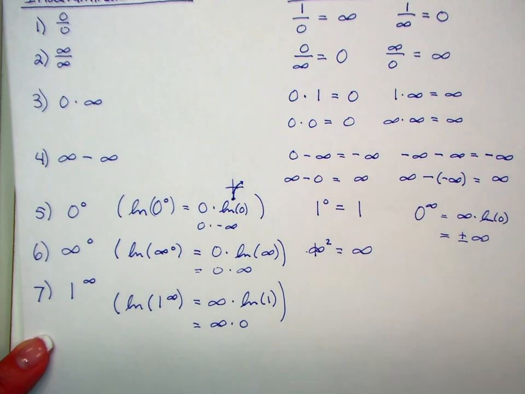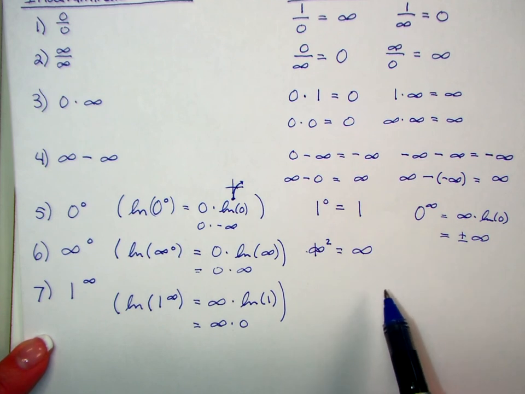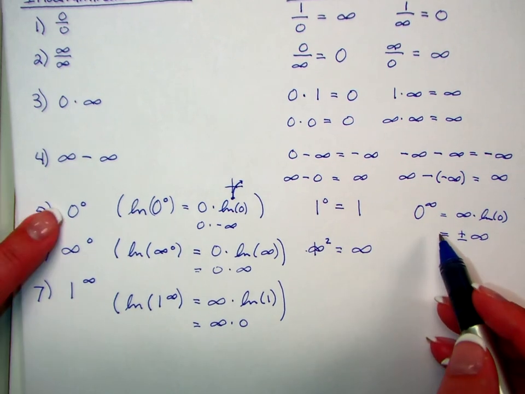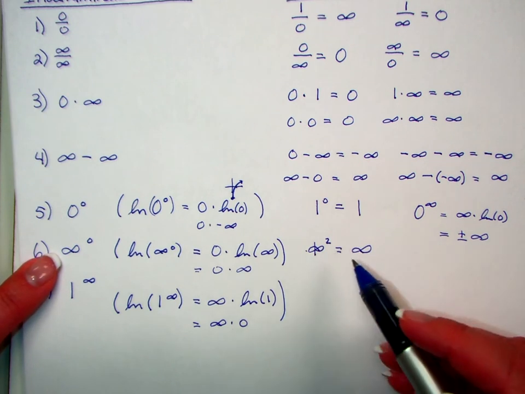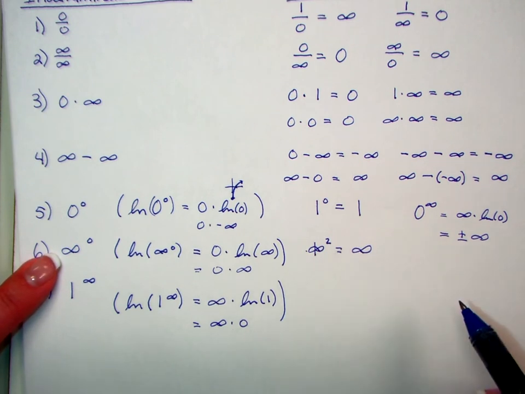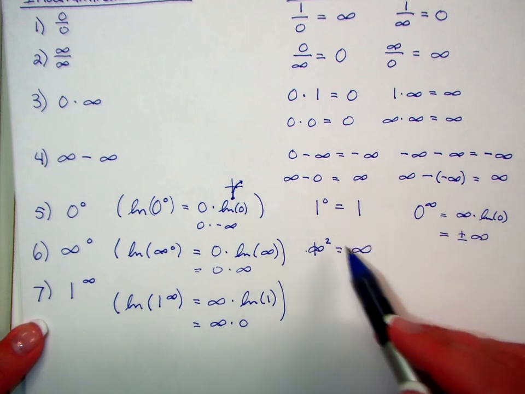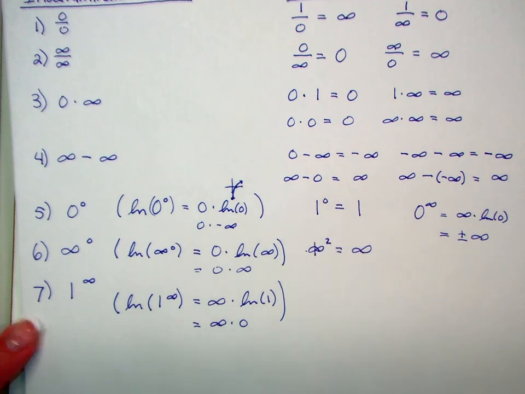So we'd have to look at those functions to see exactly what's happening there. What else can we do? Infinity to a constant. I'm struggling to come up with all the determinate forms here, but you get the drift. These are indeterminate, these are determinate. We're always going to make sure we get indeterminate forms before we go any further.